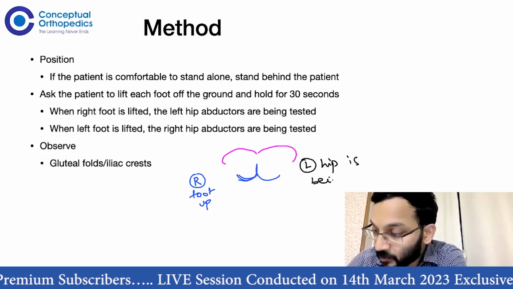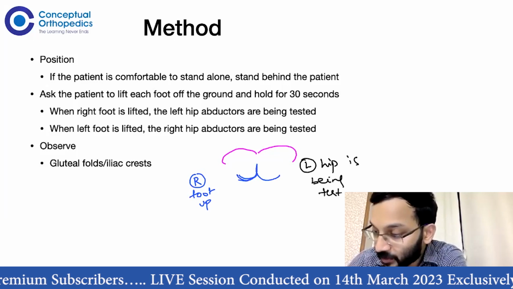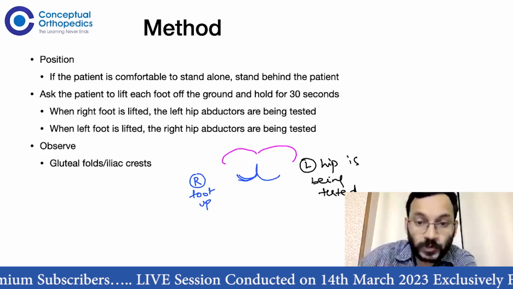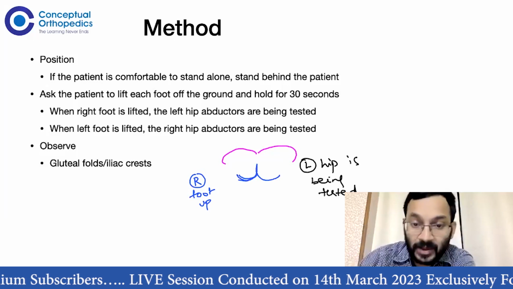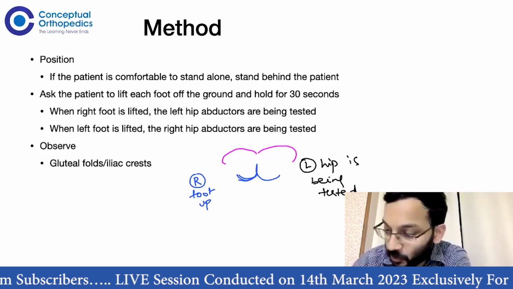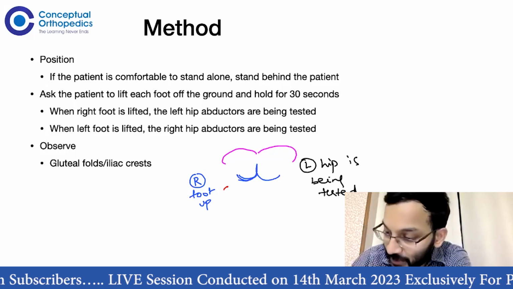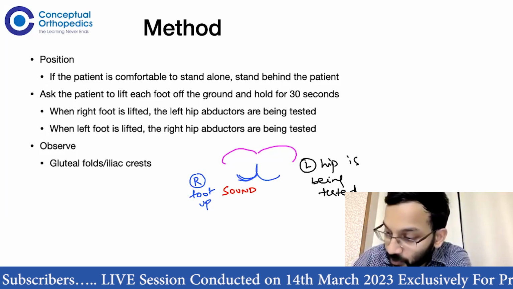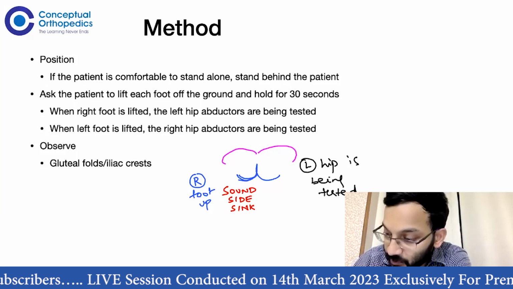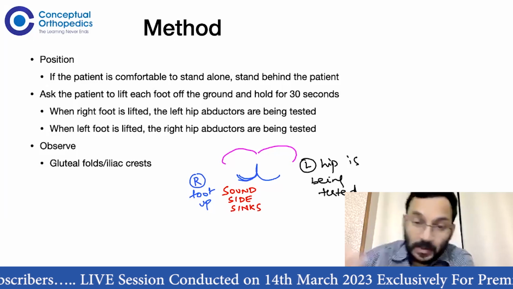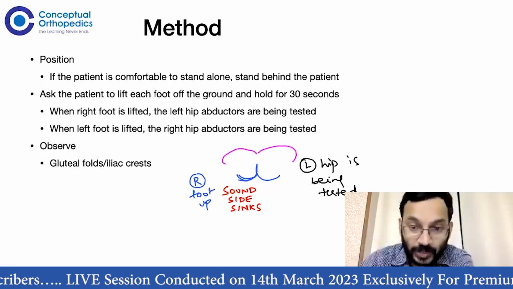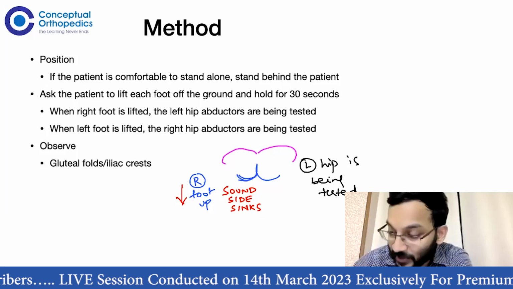Which side will sink down? The side that will sink down is the side where the foot is lifted up. So that is the normal side. We have a small mnemonic for this: the sound side sinks. Why is this? Because of gravity, the sound side will sink.